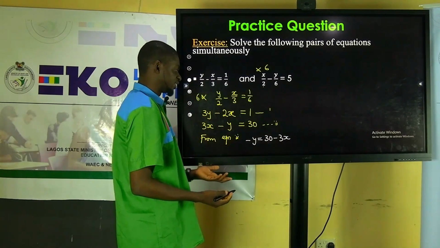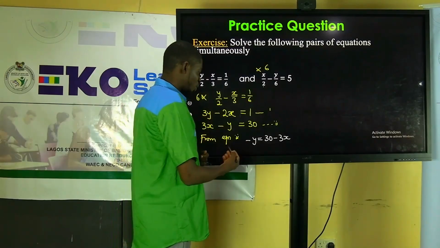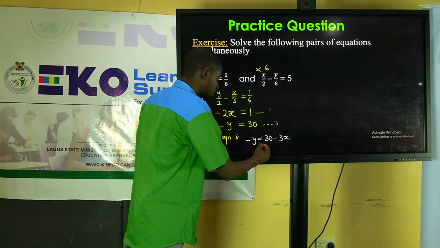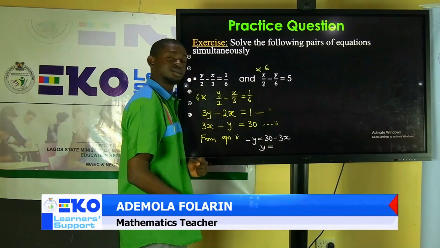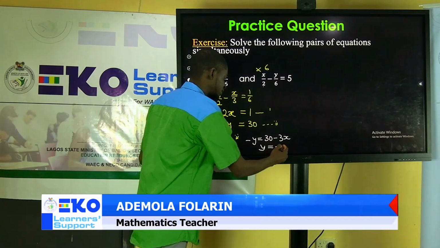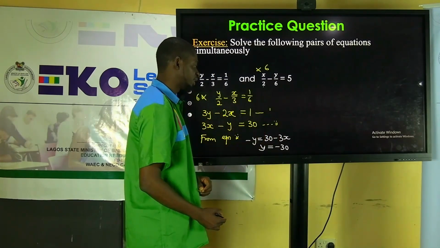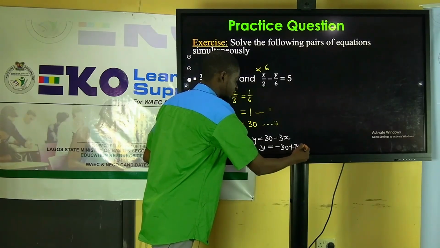So to make it easy, you multiply through by negative 1. When you multiply minus y with minus 1, you get y equals, multiply negative 1 with 30, you get negative 30. Multiply negative 1 with negative 3x, you get plus 3x.